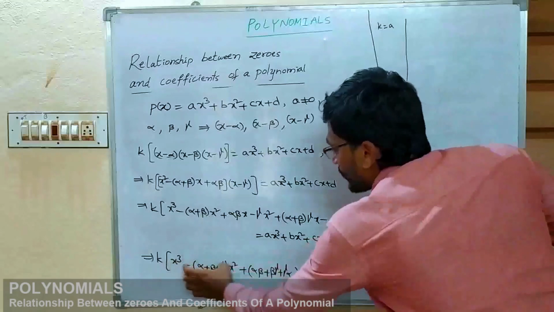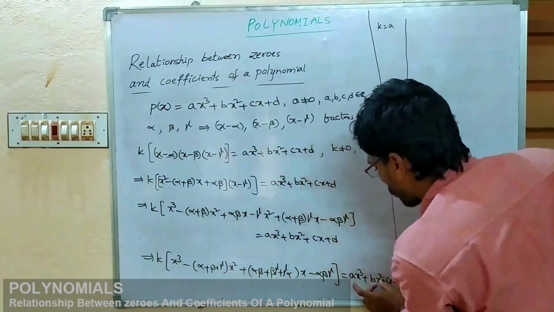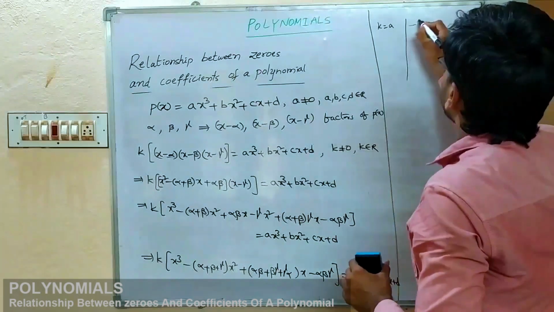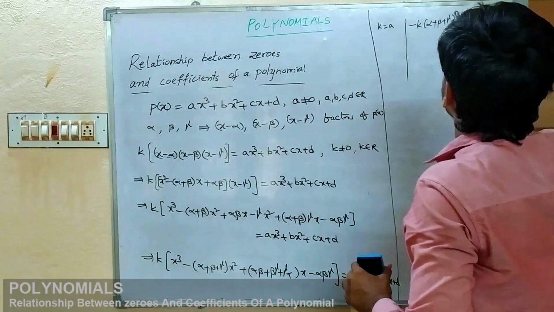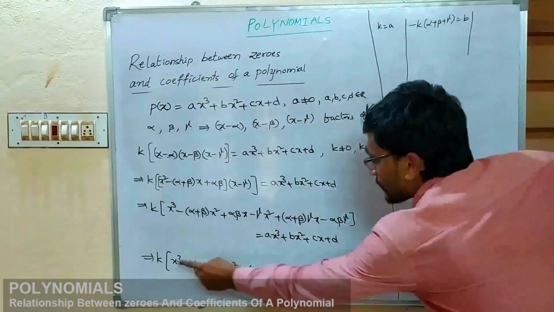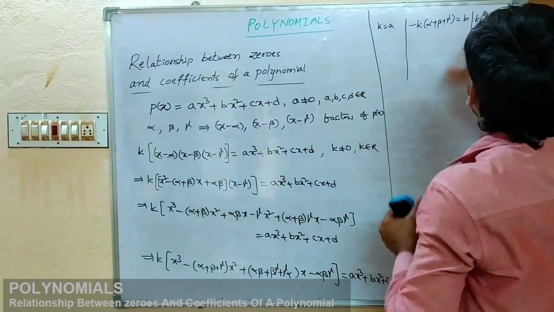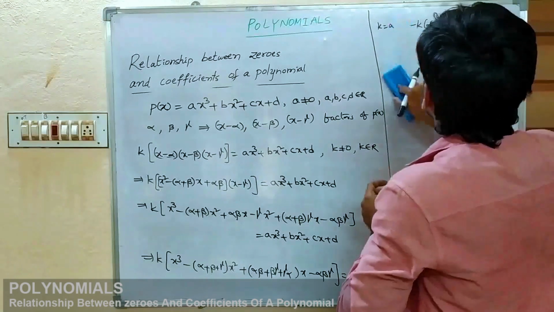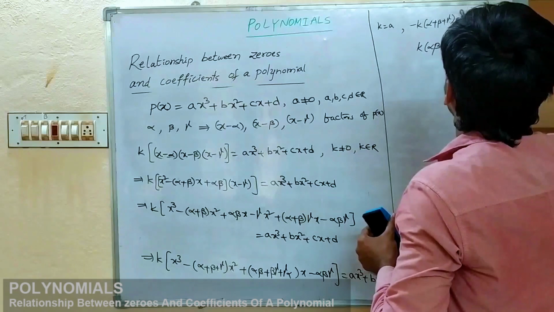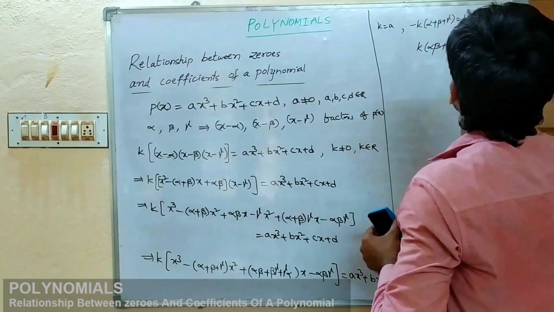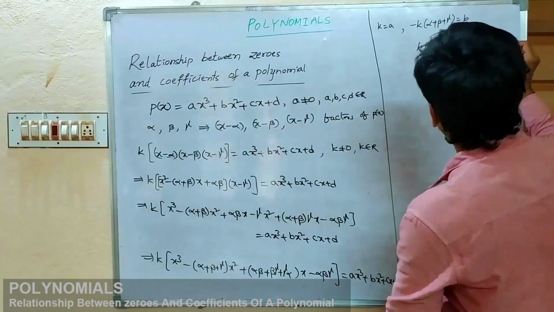And k into this one: minus k into (alpha plus beta plus gamma) into x square. Here x square coefficient is b, so minus k into (alpha plus beta plus gamma) is equal to b. And k into the x coefficient: k into (alpha beta plus beta gamma plus gamma alpha) is equal to the x coefficient c.